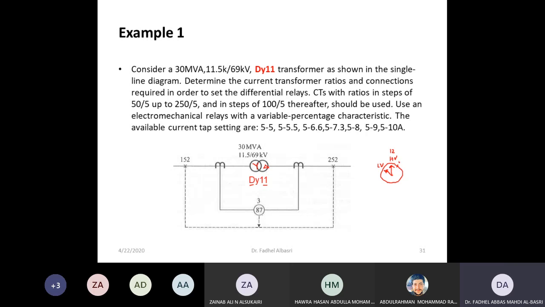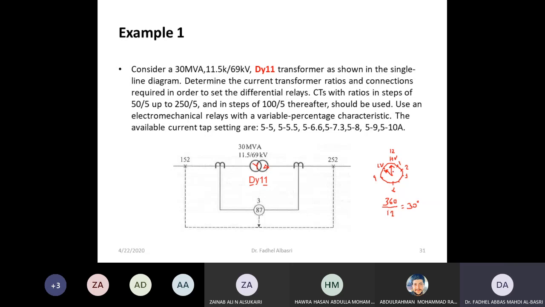The LV can be at 1 o'clock, 2 o'clock, 3 o'clock, 4, 5, 6 o'clock, 9 o'clock. Now, this is 11. If you divide 360 degrees by 12 hours, I get 30 degrees for each hour.